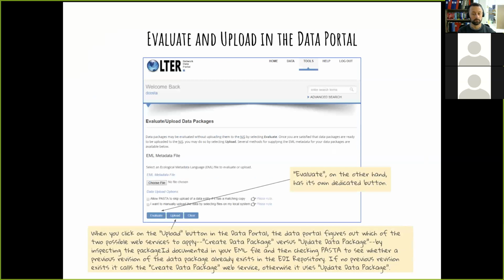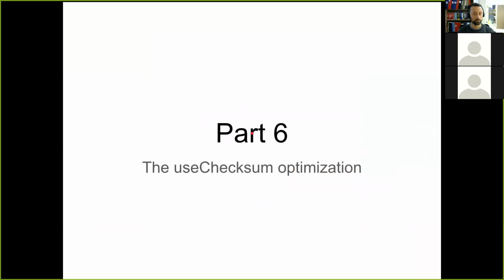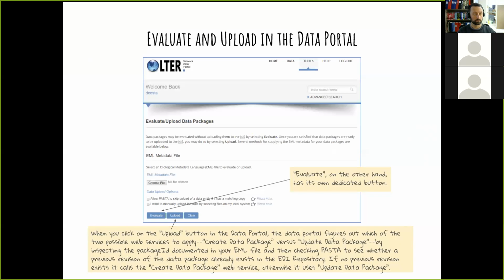Then it checks Pasta to see, do we already have a previous revision of that data package? If the answer is yes, we do, then it does an update. If the answer is no, this is the first revision of that data package, then we do a create. But they're both covered by the button called upload. Evaluate, on the other hand, has its own dedicated button.